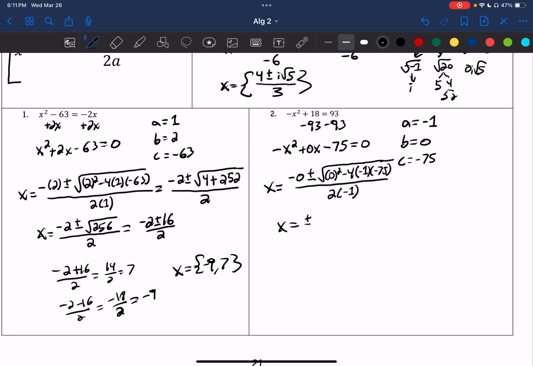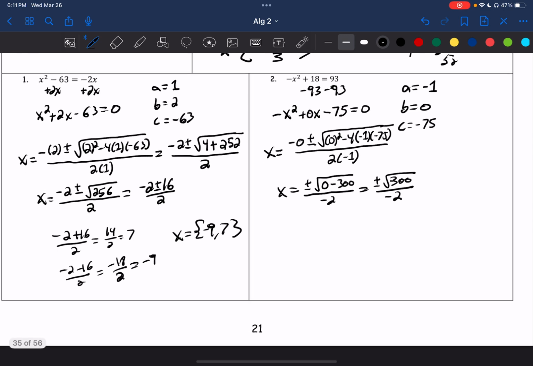So you'd have plus or minus the square root of 0. And again, keeping track of our signs here, we have a negative times a negative times a negative. That's going to be a negative, and it's going to be negative 300 all over negative 2. So we're going to have plus or minus the square root of negative 300 over negative 2.